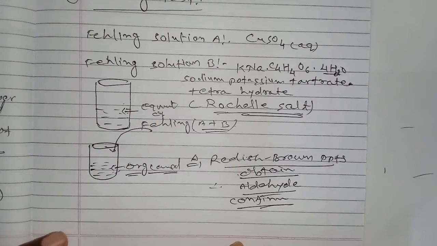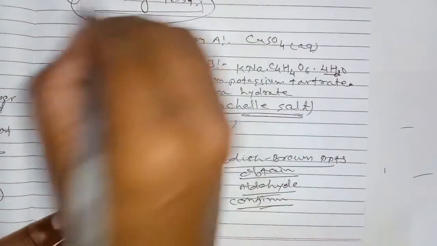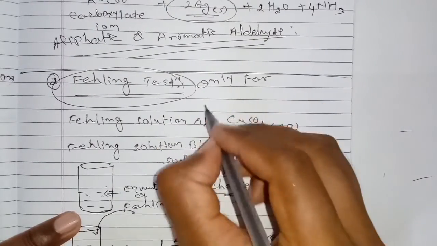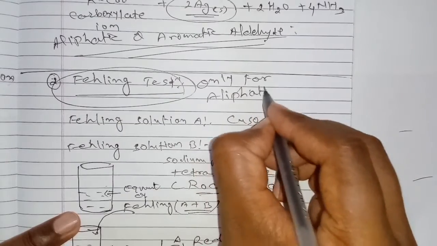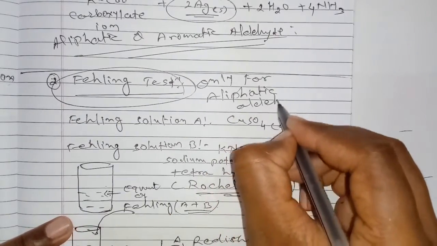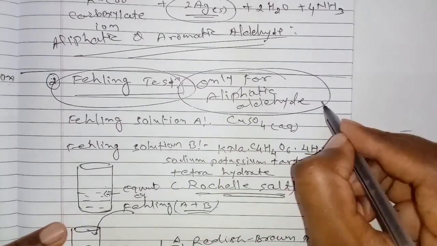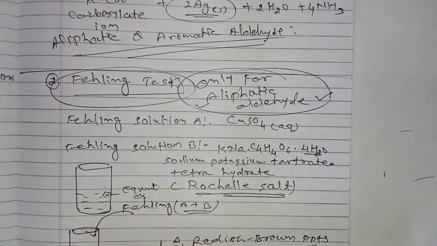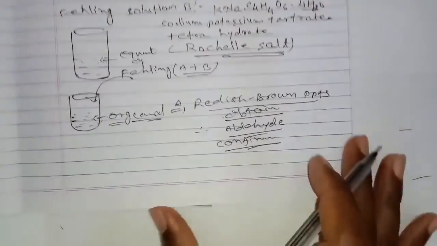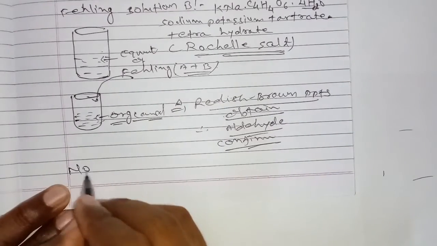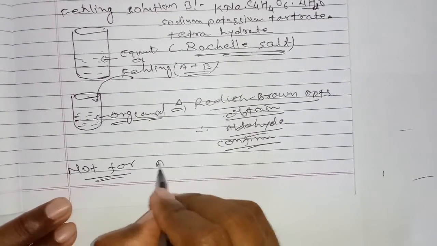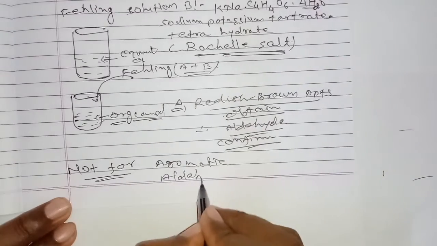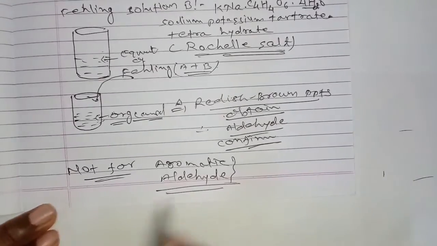This test is only for aliphatic aldehyde, which is very important. The Fehling test is only applicable for aliphatic aldehyde, not for aromatic aldehyde.